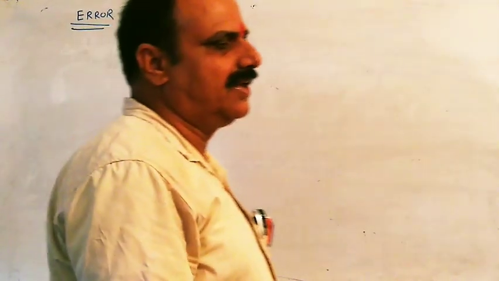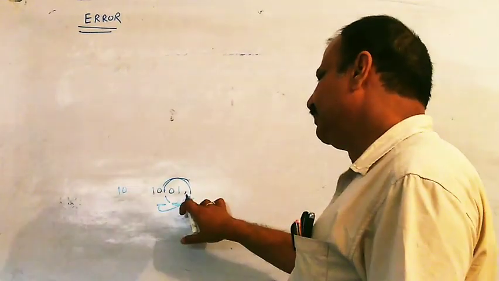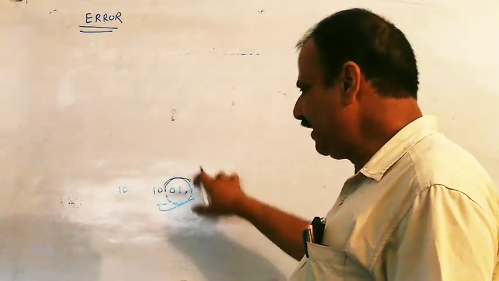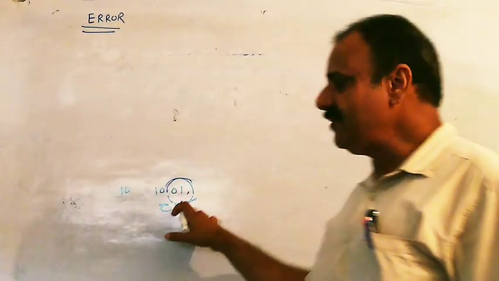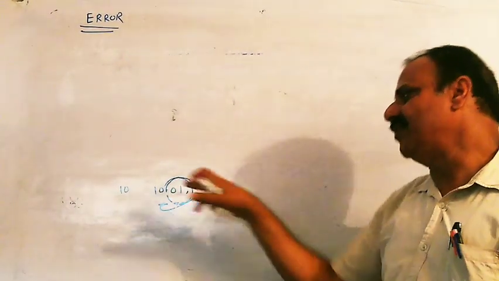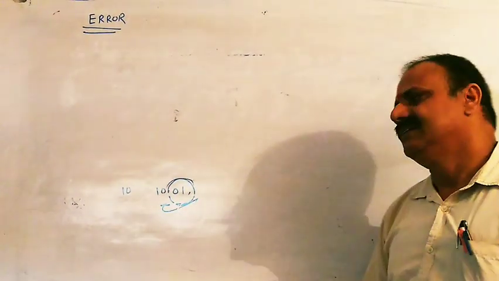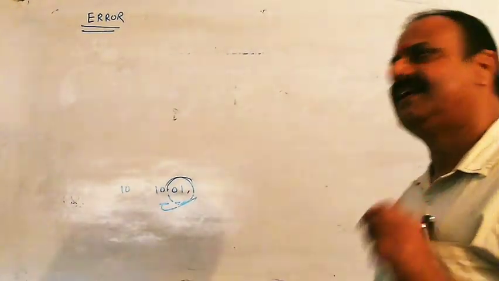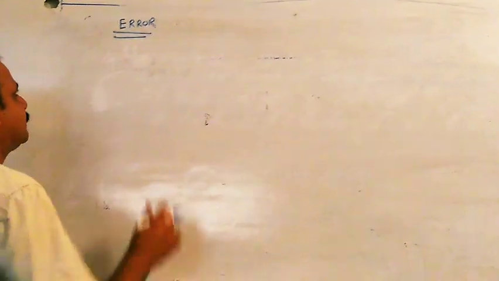Error is experimental value minus real value. The experimental value is either greater than real value or less than real value. If experimental value is greater than real value, error is positive. If experimental value is less than real value, error is negative. So error may be negative or positive.